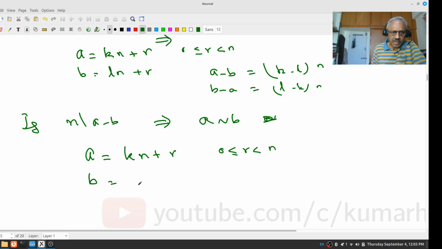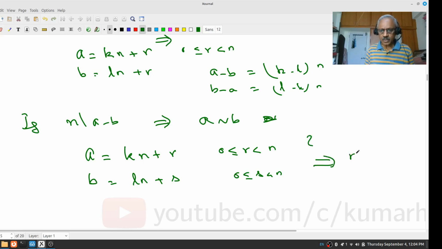And I can write b as ln plus s, 0 less than or equal to s less than n. Because I want to prove a is related to b, I have to show that a and b both leave the same remainder when divided by n. Let us assume the remainder of a is r and the remainder of b is s. What do you have to prove? You have to prove r equals s.